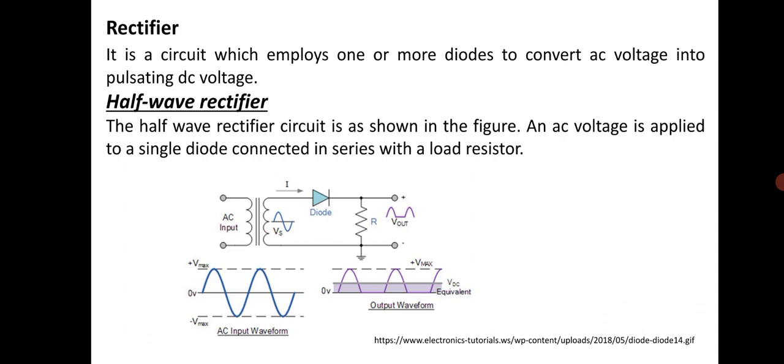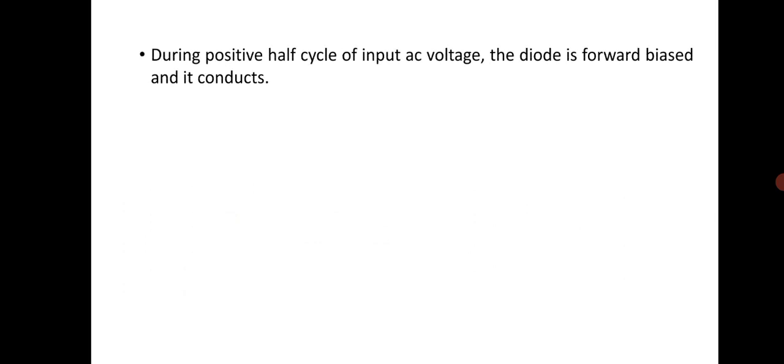For every cycle, the positive half cycle comes out, but the negative half cycle is totally eliminated. In this way you will have only half cycles occurring at the output, and because you have only half cycles at the output, it is called a half wave rectifier. So you can understand why it is called a half wave rectifier.